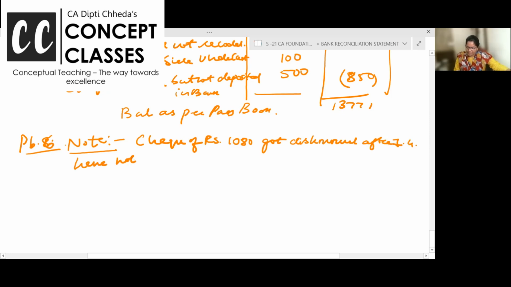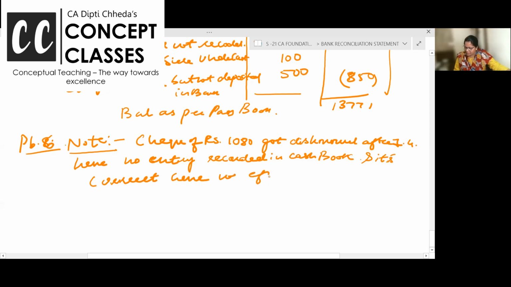Hence, no entry recorded in the cash book. And it's correct. Hence, no effect given above.